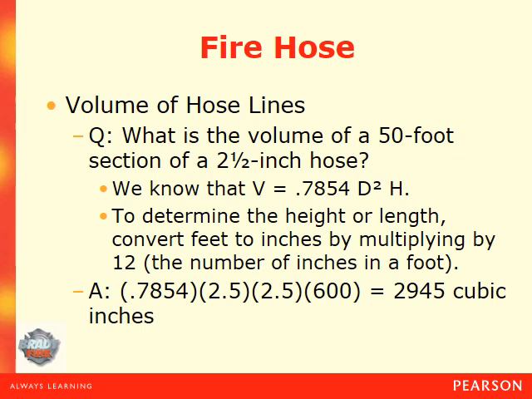So we know that you have 12 inches in a foot. This is a 50-foot section of hose. So 12 times 50 gives you what? 600 inches. So now we have everything in place to figure out our answer.